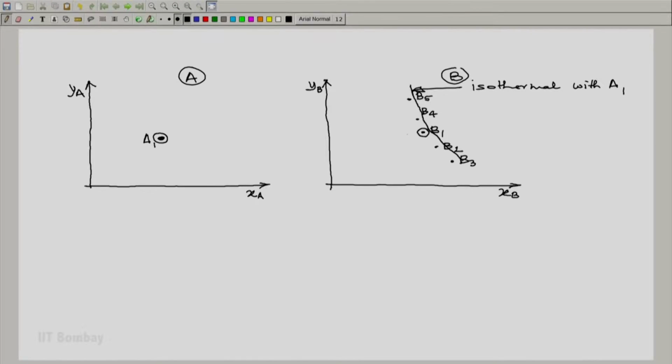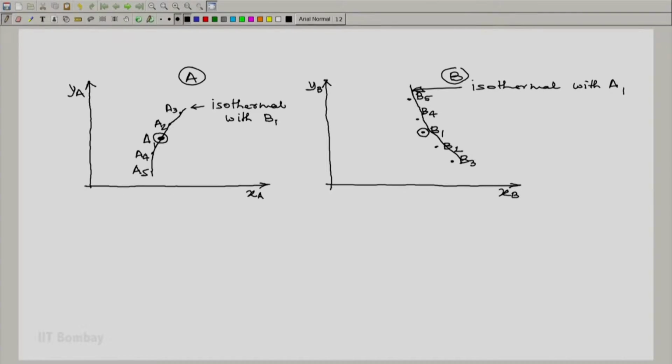Let us hunt whether there are other states in the state space of A which are isothermal with the state B1 of system B. We will find that yes, perhaps there are more states, A2, A3, A4, A5, and these states also will usually form a continuous locus, and all these states are isothermal with B1.